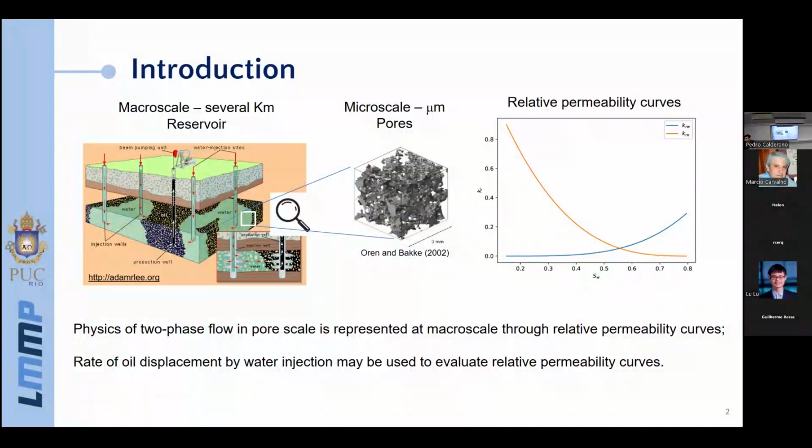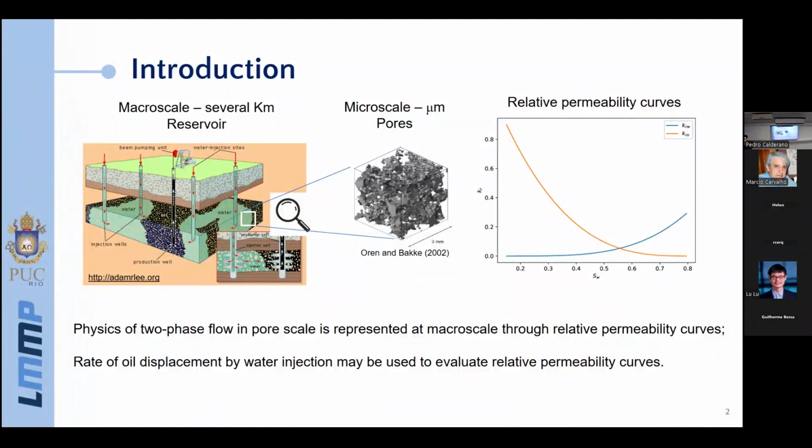When we change the distribution of the solid grains in the pore scale, the dynamics of the flow will change as well. Therefore, the micro scale is very important to the flow, even when we consider the macro scale.